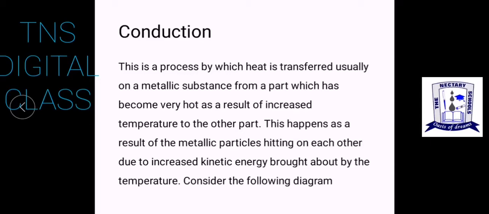So conduction is a process by which heat energy is transferred, usually on a metallic substance, from a part which has become very hot as a result of increased temperature to the other part.